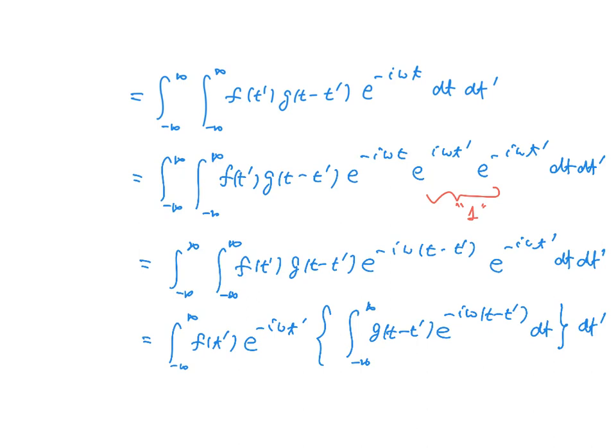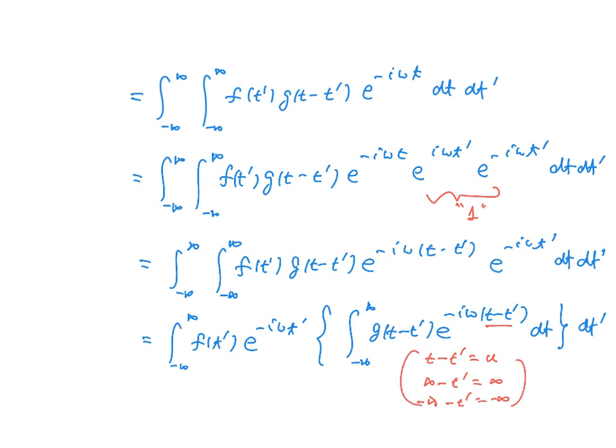Here you can change t - t' to u, right? Then infinity minus t' is infinity, and minus infinity minus t' is minus infinity.